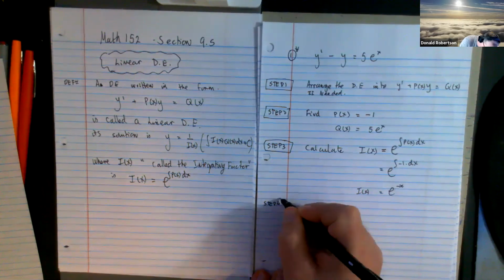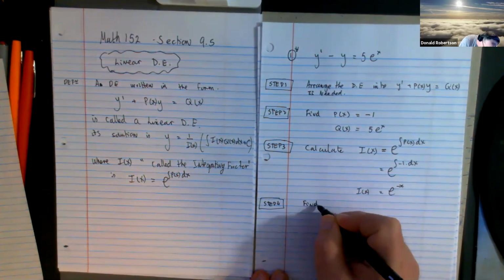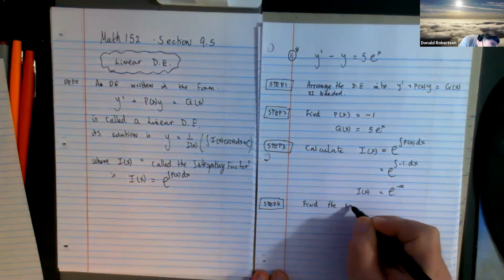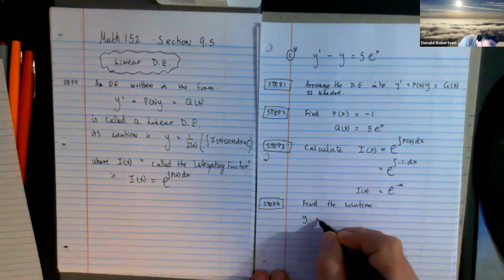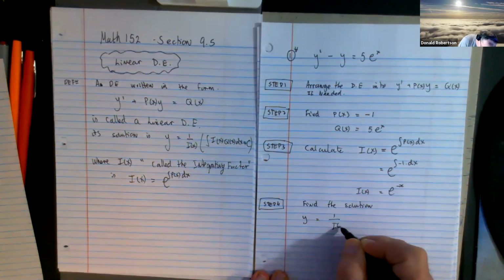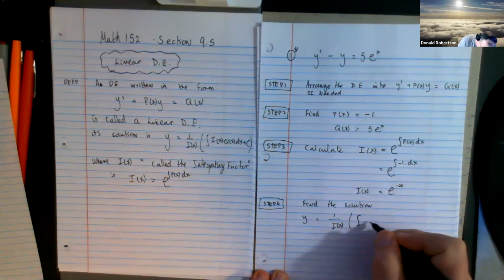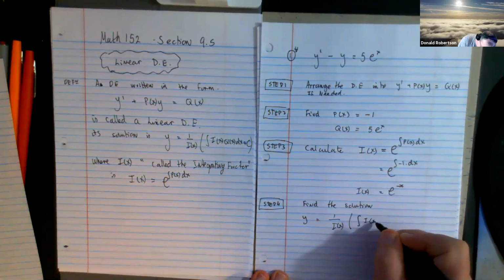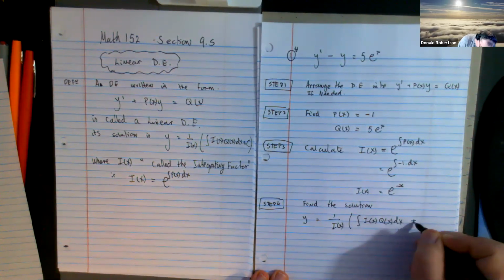Step 4, find the solution. Well, it's 1 over the integrating factor, times the integral of I of x q of x dx.